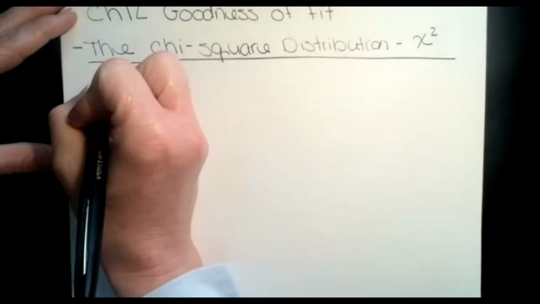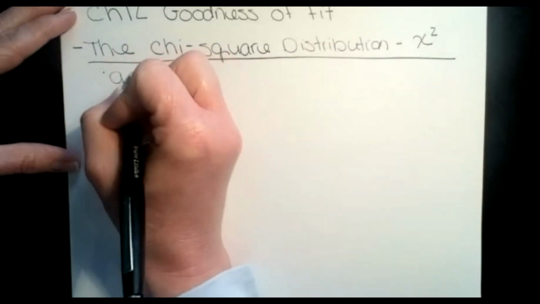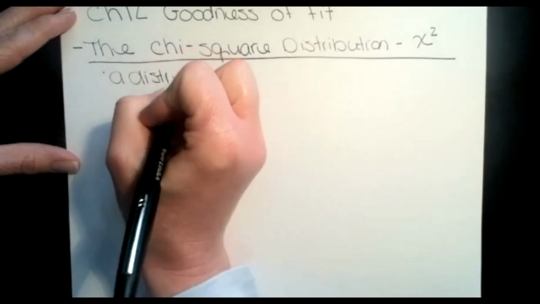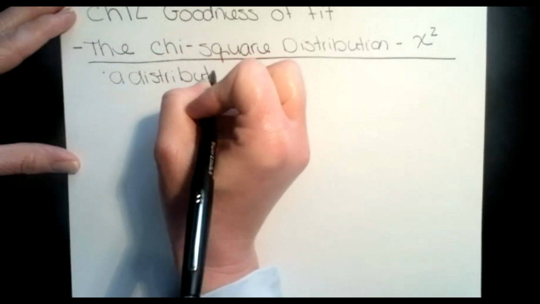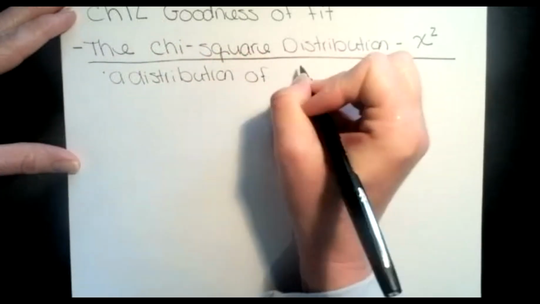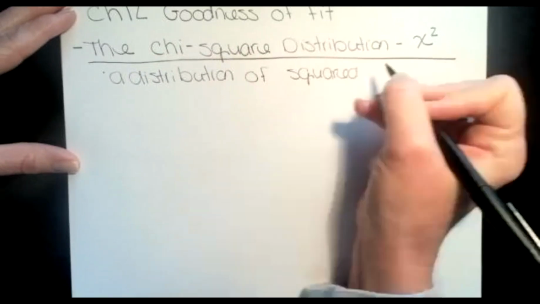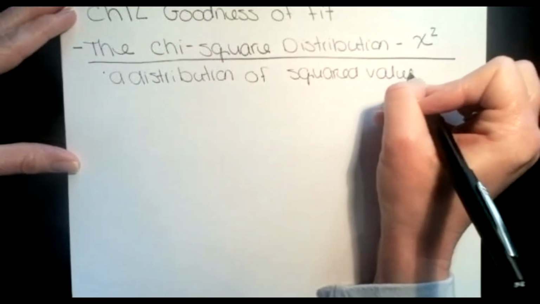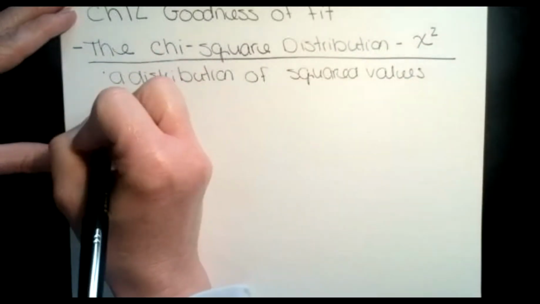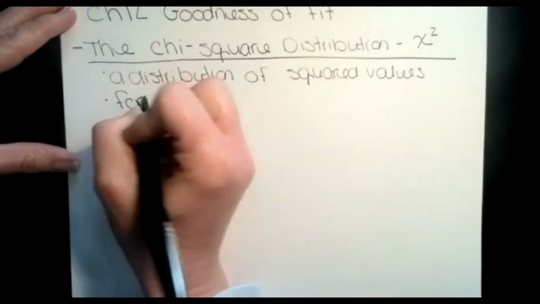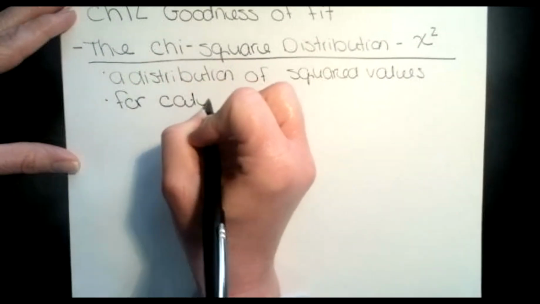So this is, of course, a distribution of squared values, as we can see in the name. This is a distribution that is for categorical data.